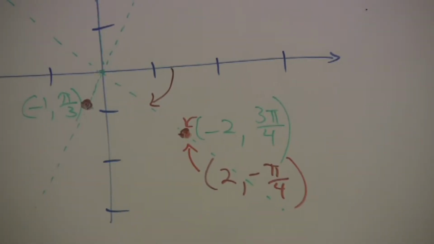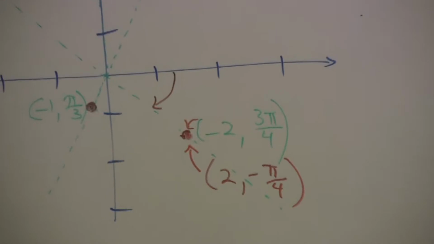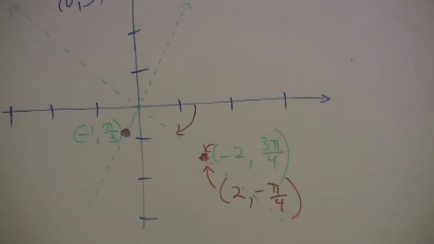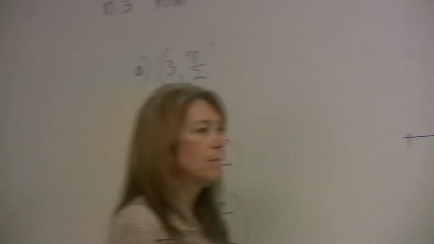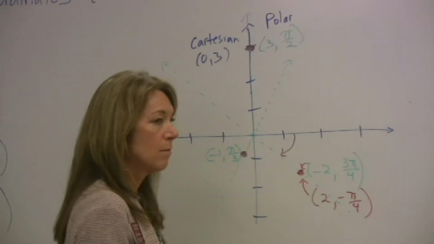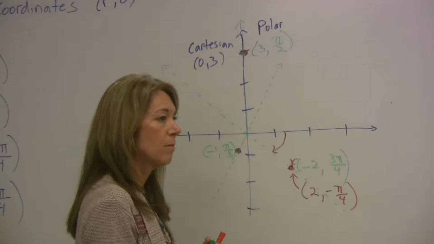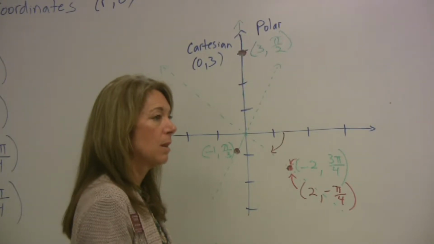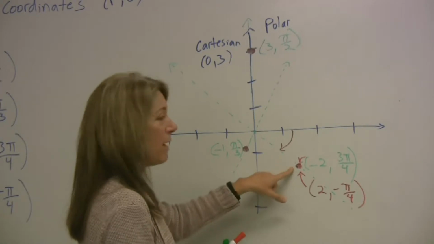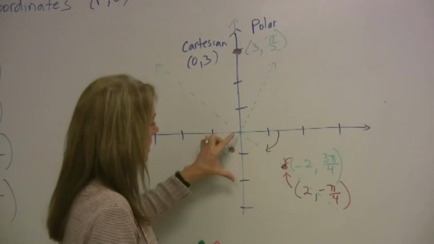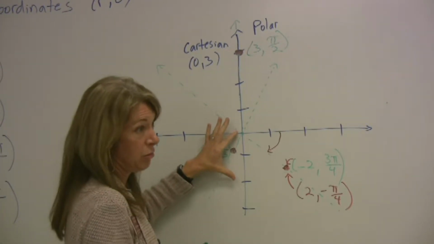Remember I said there's an infinite number of ways that you can write each point? Yes, ma'am. When you're going backwards, when it says negative 2, are you going 2 spaces using the y-axis or the? Good question. That's why I said I kind of swing it around. When I found this point the first time, this distance right here is 2.